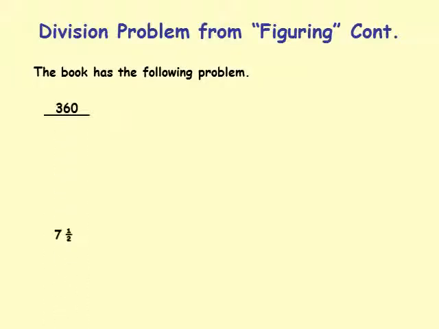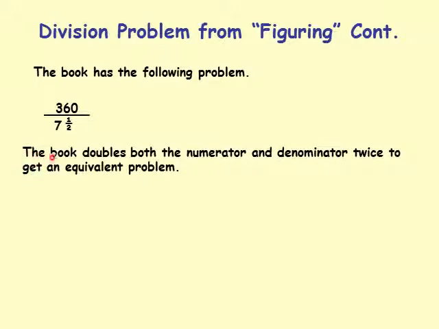So here is what we have done so far. The book doubles both the denominator and numerator twice to get an equivalent problem. We were talking about doubling the denominator once, but the book actually doubles both the numerator 360 and the denominator by 4.